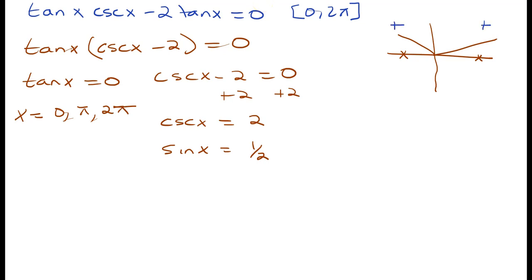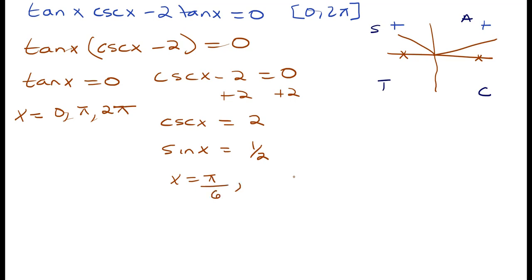So we have our C, A, S, T. So here all ratios are positive in the first quadrant, and only sine and cosecant are positive in the second quadrant. So that's what you're going to have at the back of your mind. So here sine x is 1/2, so we're going to have x equal to pi over 6.